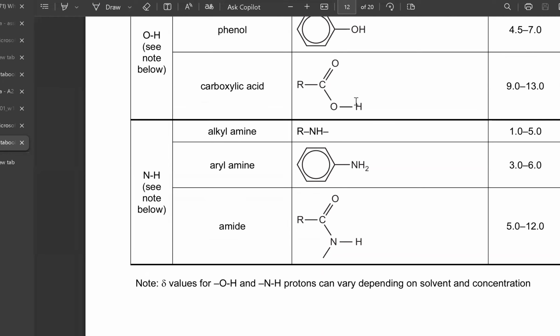Yes, sir. Okay, and how many environments does this have? There are three environments: one, two, and three. What is the splitting pattern? Singlet. This is going to be a quadruplet because the neighbor is three H's. And this one is going to be a triplet because the neighbor has two H's. So triplet, quadruplet, singlet, and you're getting exactly that: triplet, quadruplet, and a carboxylic acid singlet.